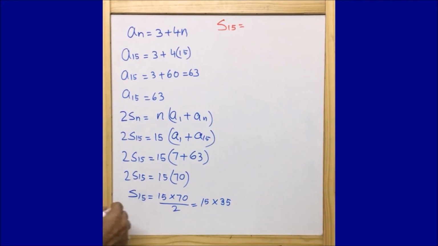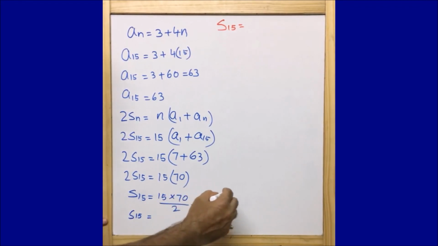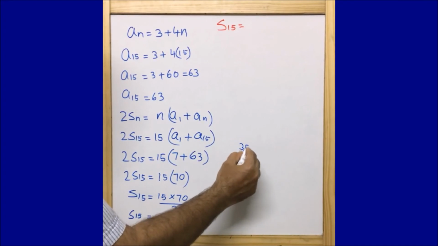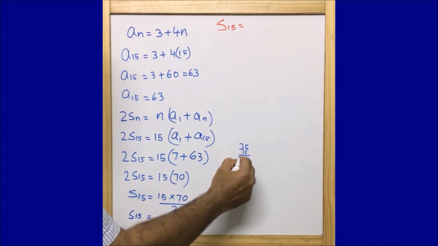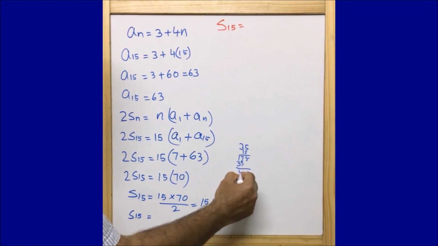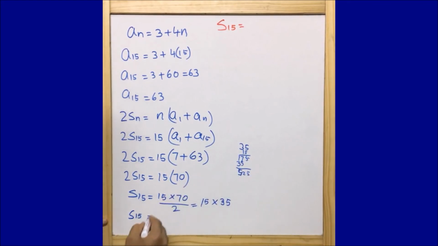Now 35 into 15: 5 fives are 25, 5 threes are 15, 16, 17, and 3, 5, 2, 4, 5. So I am getting S15 is equal to 525. That's all guys. This is our answer. We got S15 as 525.